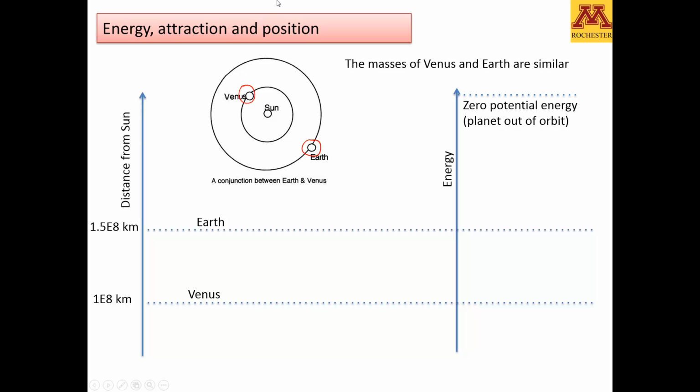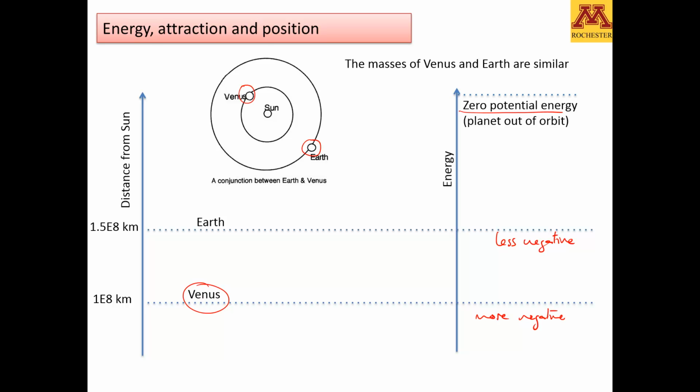Maybe you don't know, or you already know, that Venus is closer to the Sun than Earth, but Venus and Earth have very similar masses. So how is that related to their potential energy and the attraction? Well, the moment Venus is closer to the Sun, it means it has a more negative potential energy, and Earth has a less negative potential energy.